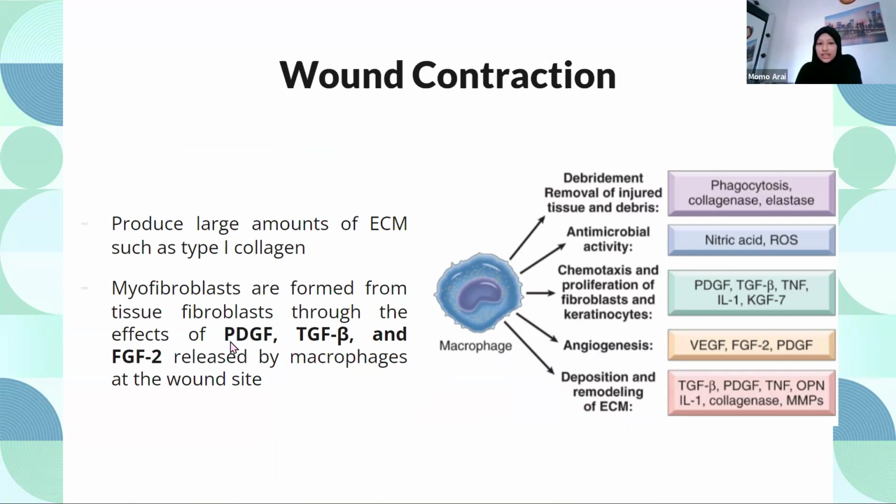And these are stimulated by PDGF, transforming growth factor beta, and one more thing that was on the slide, fibroblast growth factor 2. So it's important to remember these three, okay? That's why I bolded them. If I were you, when I'm memorizing these, I would add another arrow here and say myofibroblasts for wound contraction with these three.